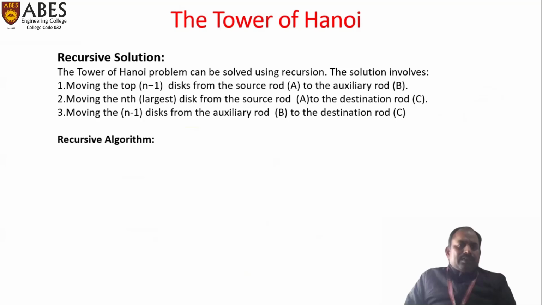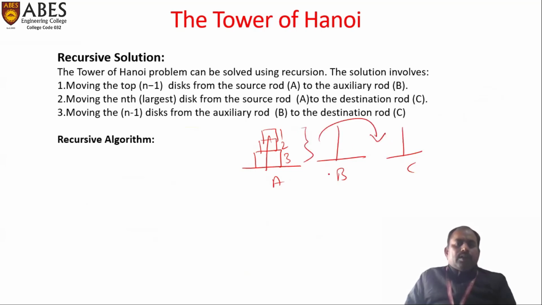Suppose we have three disks here: disk one, disk two, disk three. This is our rod A, this is rod B, and this is rod C. We have to move this arrangement to rod C, and the rule is that we can move only one disk at a time.